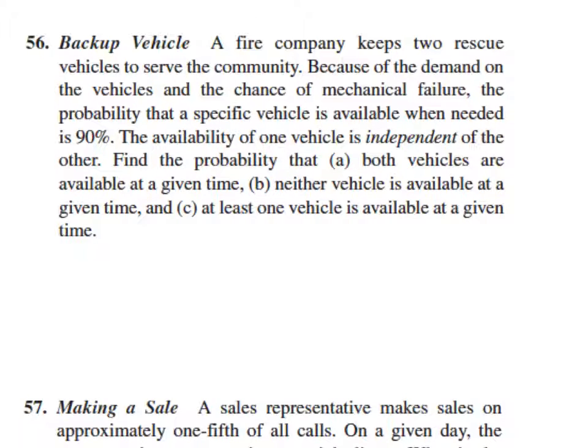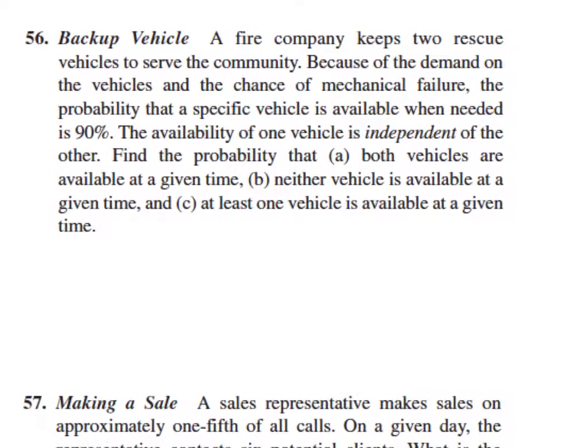So, someone talk us through part A. Who wants to volunteer to talk us through part A? How would we do this one? Donald? You want to do A? Okay. Part A. There should be 0.9 squared.